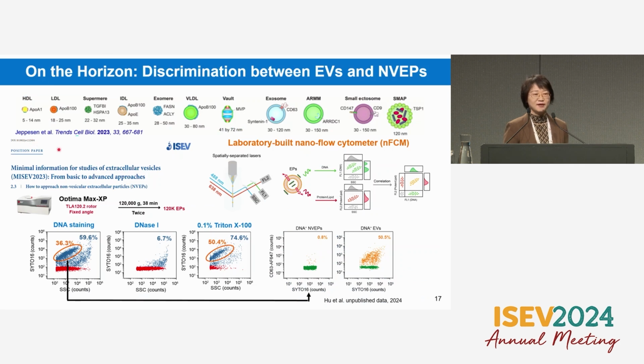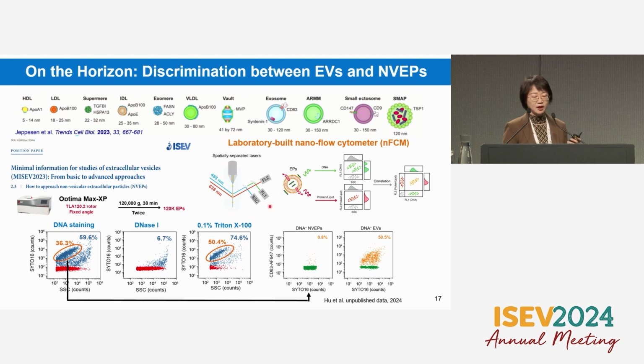So with the awareness of the abundant presence of NVEPs, we have done some study. If you get a preparation that is less pure, we use a laboratory-built nanoflow cytometer with two spatially separated lasers.